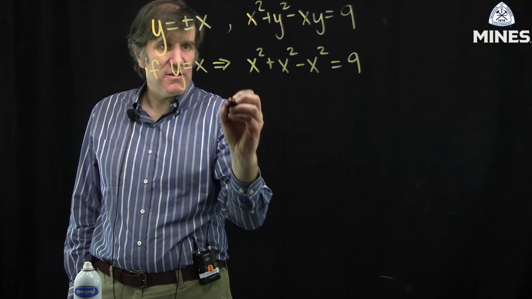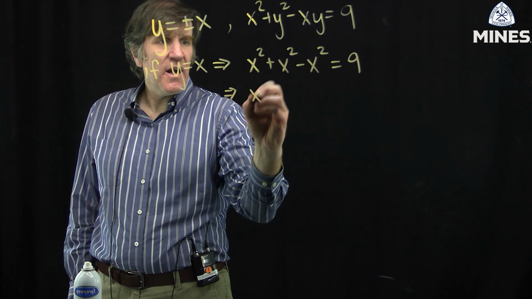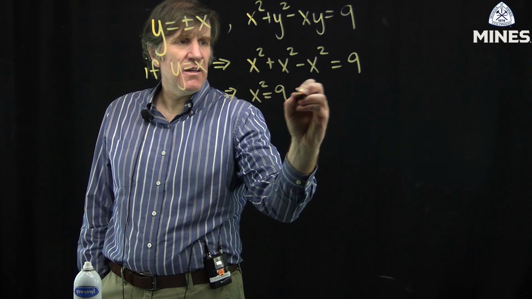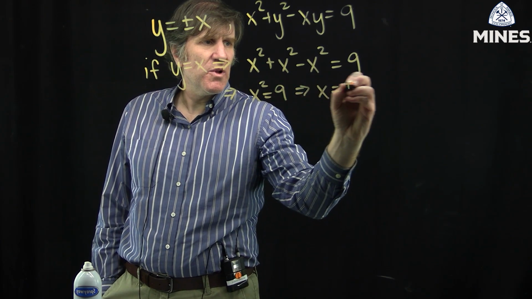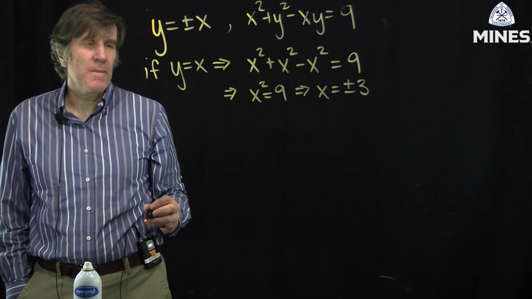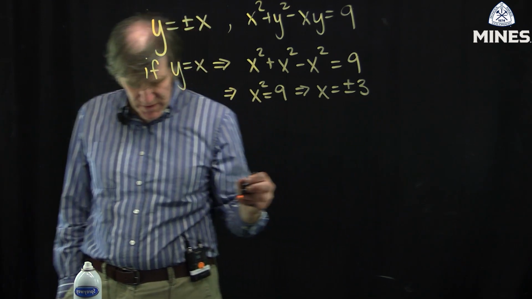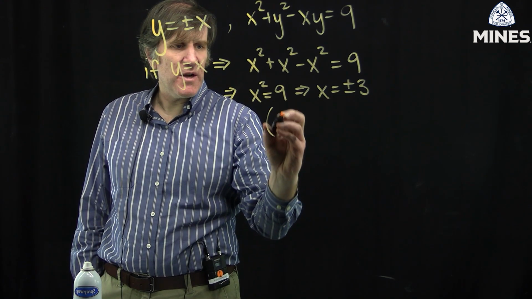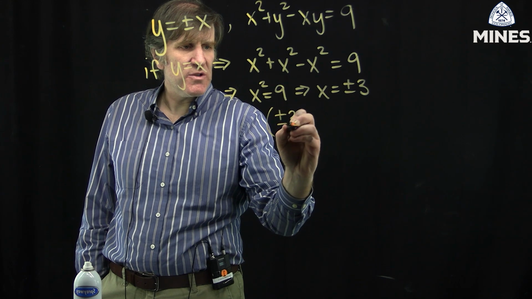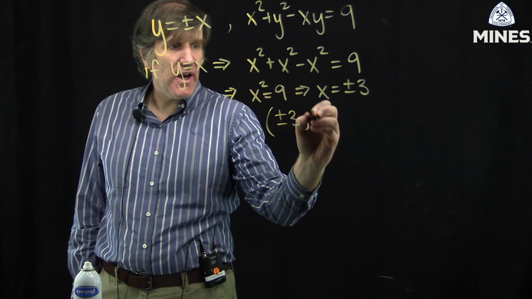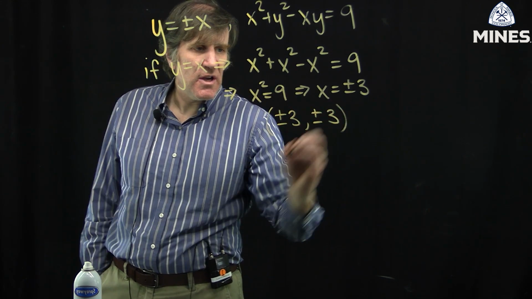So that is x squared equals 9. So x equals plus or minus 3. So if y equals x, x equals plus or minus 3, this gives us the set of possibilities x equals plus or minus 3, y is equal to x, so y also is plus or minus 3.